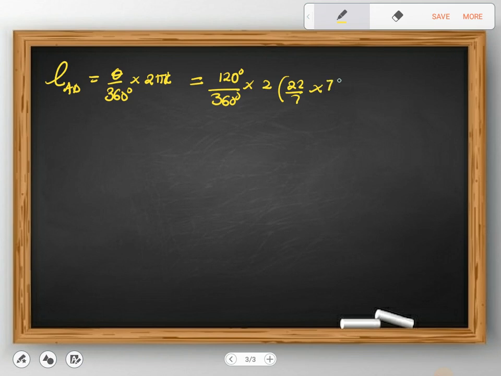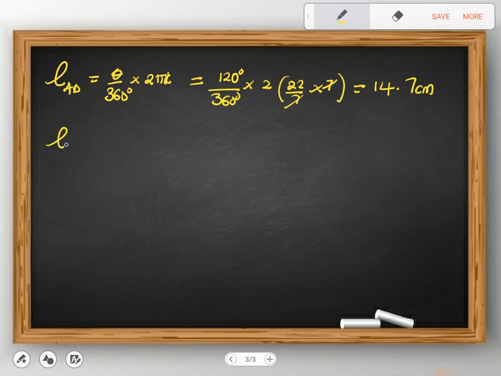So the 7s cancel, and whatever remains will be our length: 120 over 360 multiplied by 44, because 2 times 22 is 44. So the length is 14.7. I'll round it off to 1 decimal place.